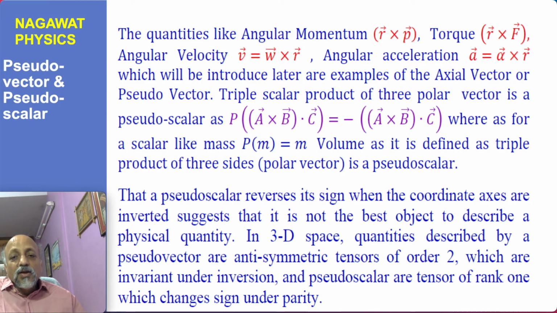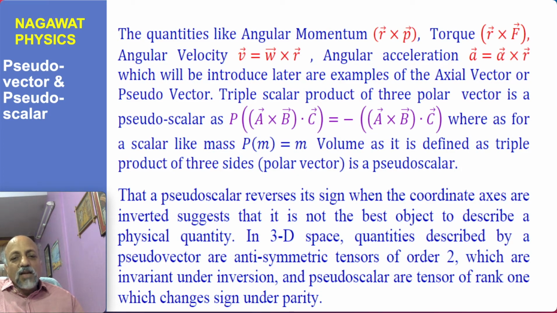It is suggested that a pseudo vector is not the best object to describe a physical quantity, because if you consider the parity transformation, its value will change sign. In three-dimensional space, quantities described by a pseudo vector are antisymmetric tensors of order 2, and pseudo scalars are tensors of rank 1 which change sign under parity.